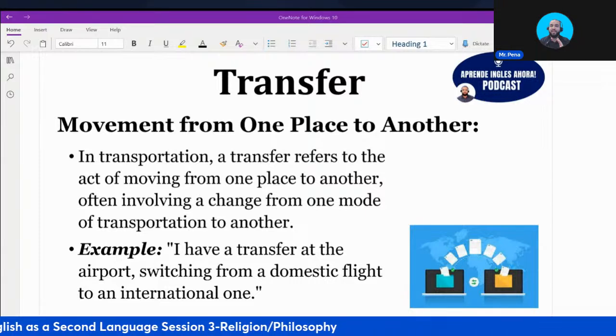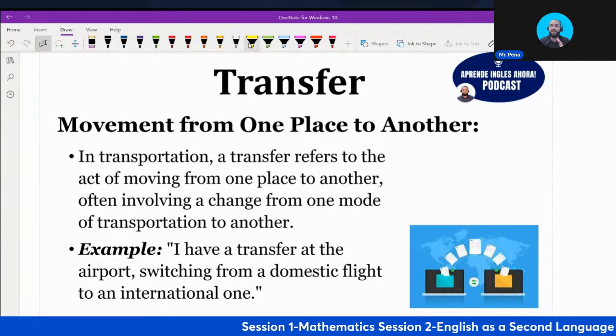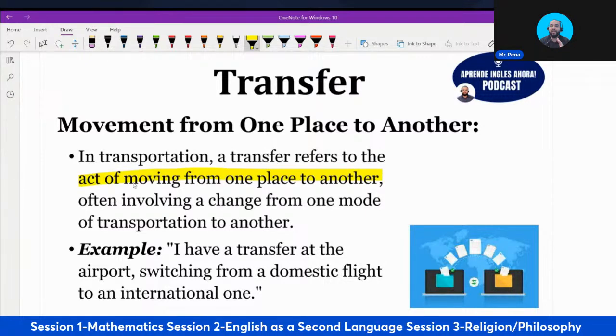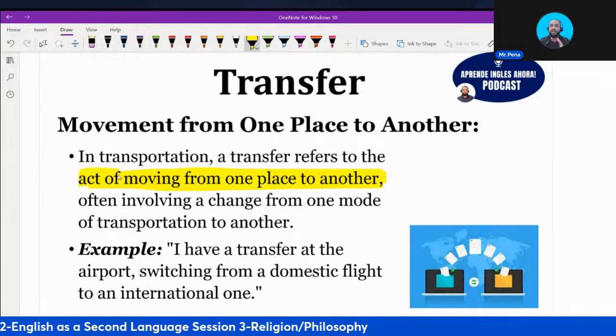So now we go to transfer, which is movement from one place to another. In transportation, a transfer refers to the act of moving. Okay, so just moving itself, you're being transferred.